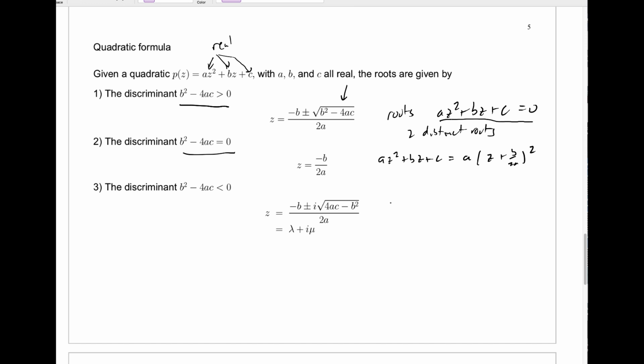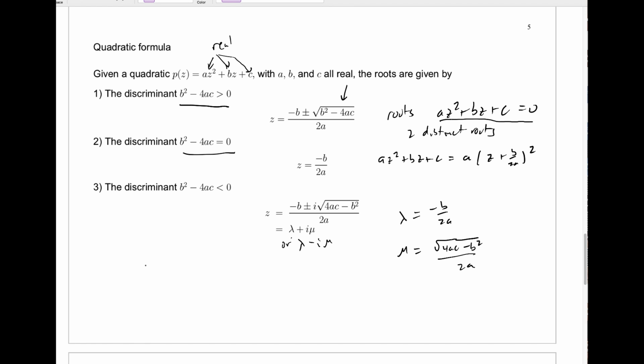In other words, you would have these two distinct roots, lambda plus i mu, or lambda minus i mu, where here lambda is minus b over 2a, and this mu is the square root of 4ac minus b squared over 2a.